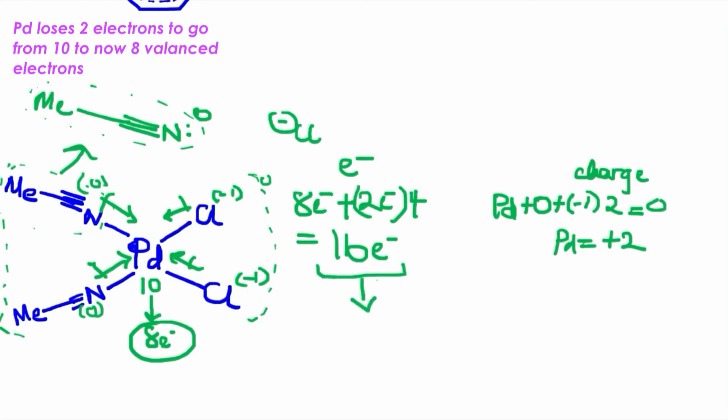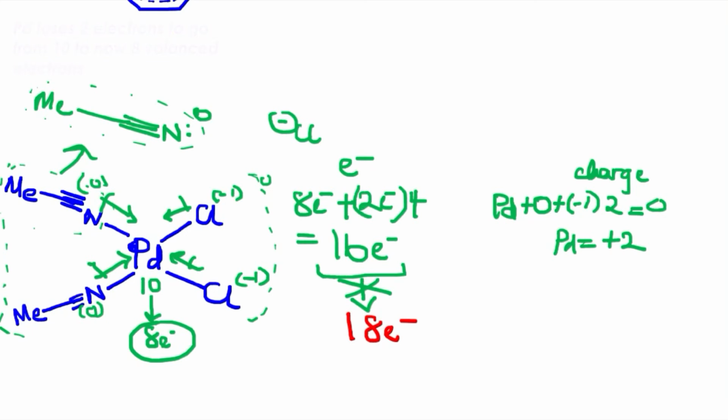It doesn't obey the 18 electron rule. Since this doesn't obey the 18 electron rule, this complex doesn't fulfill the 18 electron rule. However, it is still stable, but very, very reactive.